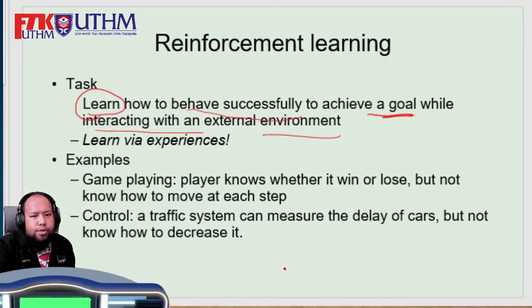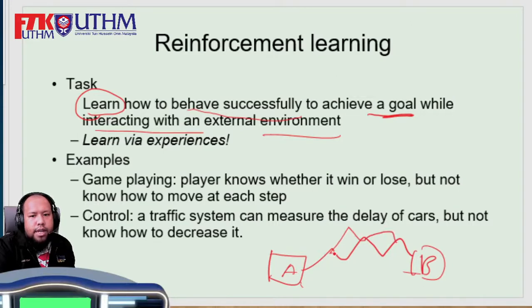Contohnya, kalau nak pergi from point A to point B, what is the best selection of destination kan, right? Ada beberapa destination, and then they go through, macam you use breadth first, and a lot of other types of solution lah, right?